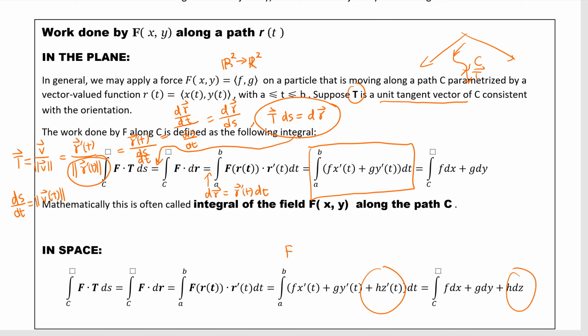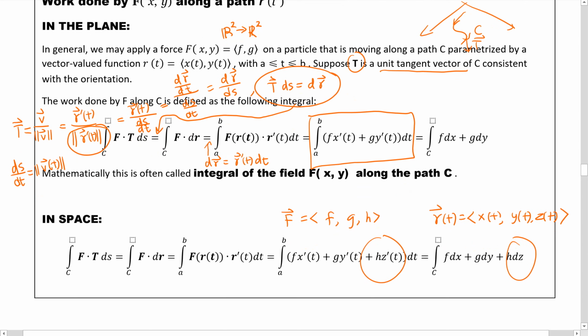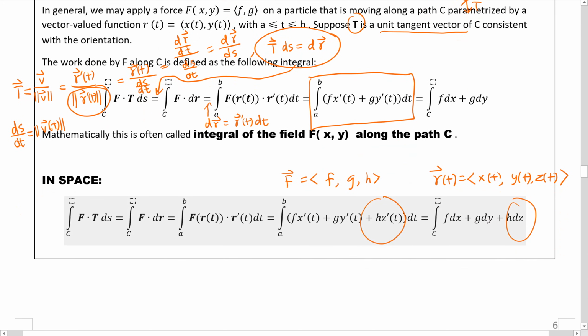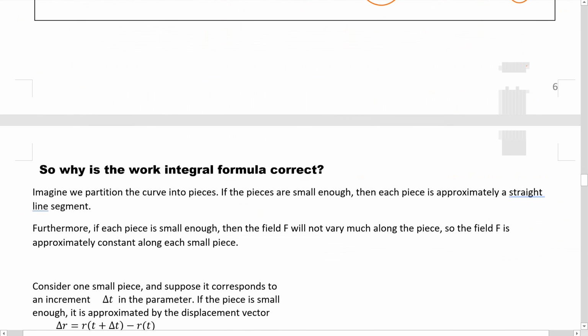So in this case, F is (F, G, H), and gamma of t is (x, y, z). So far so good, everybody? Okay, now let's continue. Let's look at some examples.